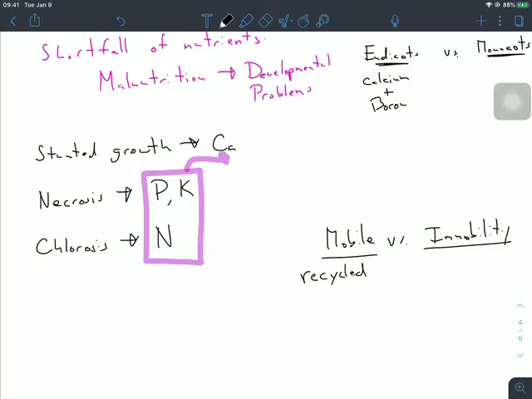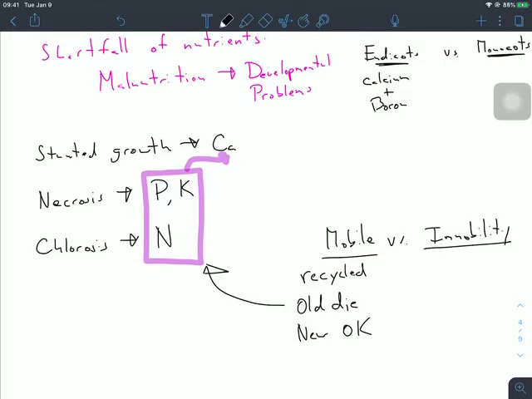Mobile nutrients can be moved through the phloem from old leaves to new leaves. This means that old leaves die or show symptoms of malnutrition, whereas new leaves are okay. So mobile nutrients sacrifice old leaves to help benefit new leaves.